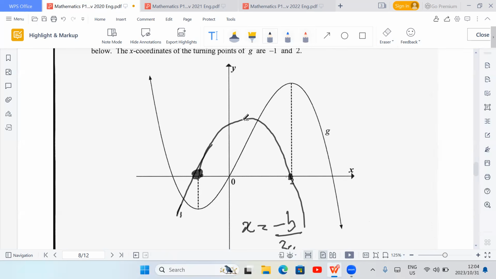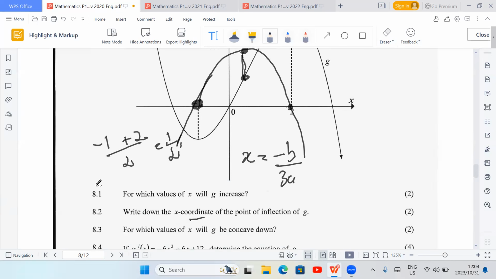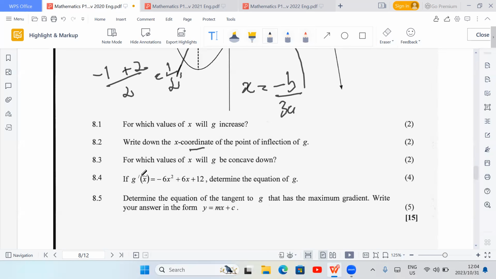And then the x-coordinate or the axis of symmetry of the parabola is really the point of inflection. So if you just use these values, -1 and then +2, divided by 2, that's going to give you 1/2. So this is the axis of symmetry of the parabola graph, which is the point of inflection, right? So you can solve those kind of questions.